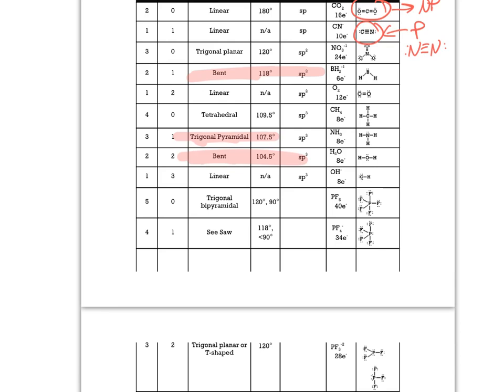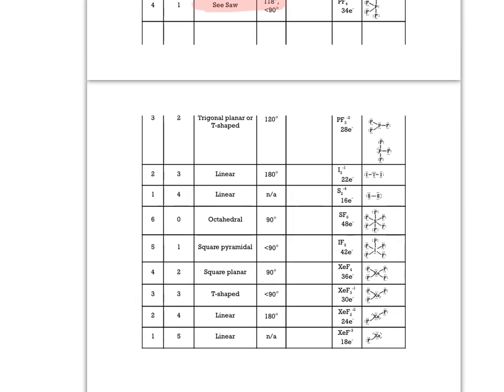here we go. Seesaw is always polar. T-shaped is always polar. Trigonal planar is not, assuming they're all the same element, okay? Square pyramid is polar. Square planar, assuming they're all the same element, is nonpolar.